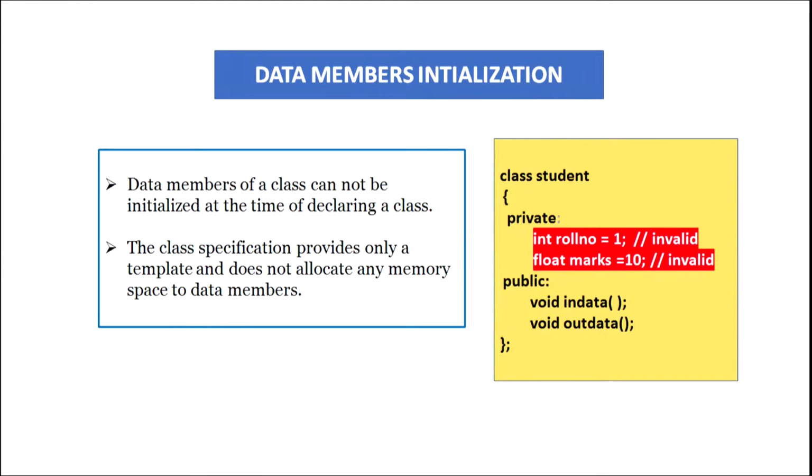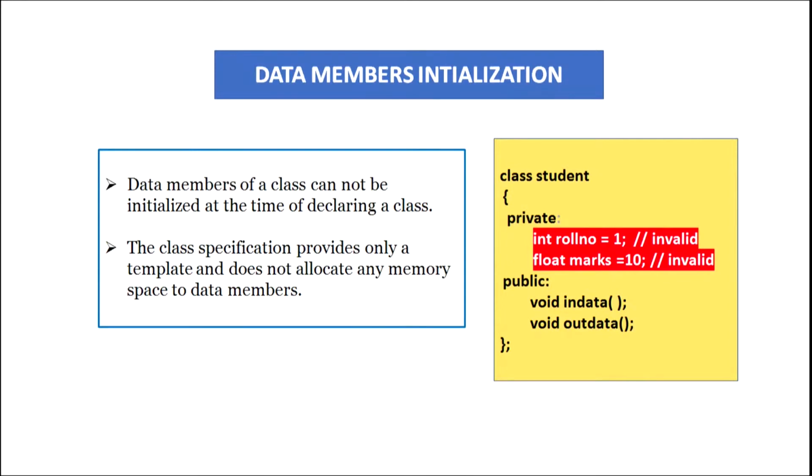So, we cannot assign any value to the data members before the object of that class can be created. For that reason, there are special member functions which have been declared inside the class to give the initial values to the data members of the class.